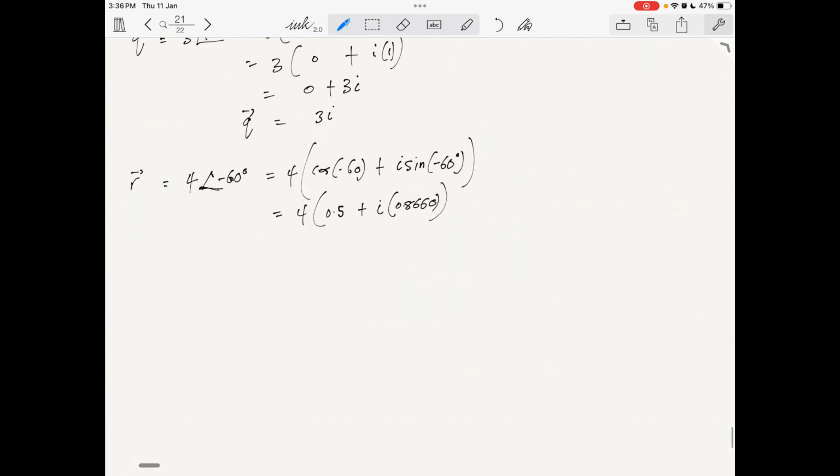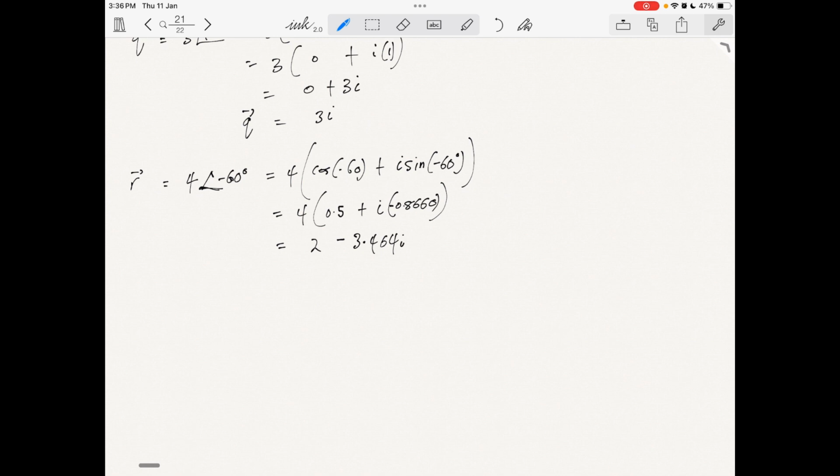Now, in essence, this is going to give us 2 minus, because 4 times 0.5 is 2, minus 3.464i.